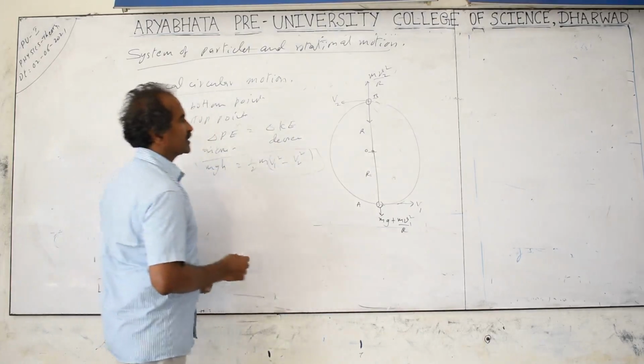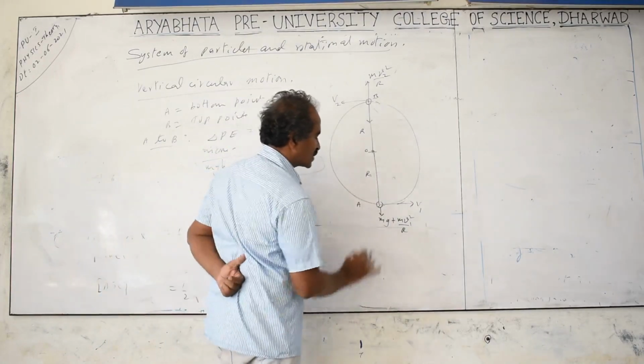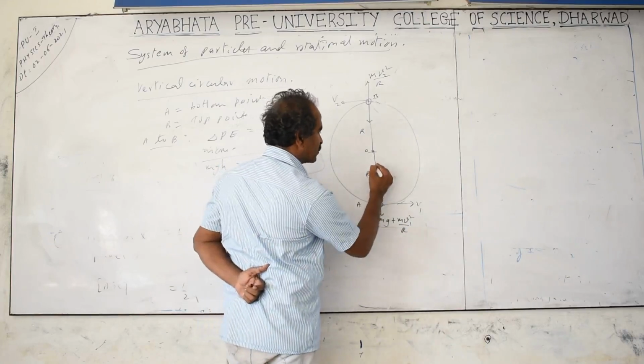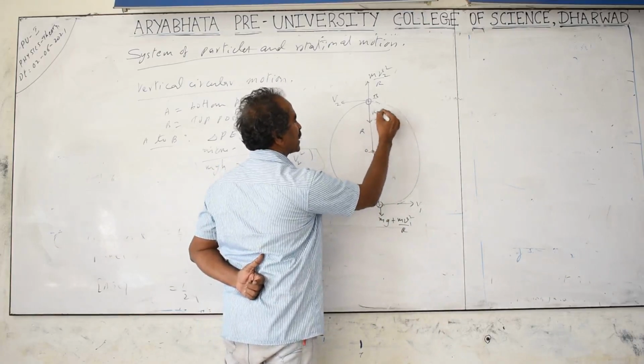To complete the vertical circle, the tension in the string at the center provides the centripetal force. It should balance the downward weight. Tension at the bottom is T1, tension at the top is T2, and mg is acting downwards.